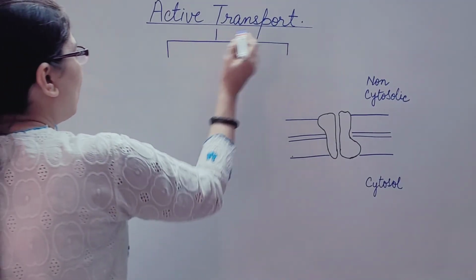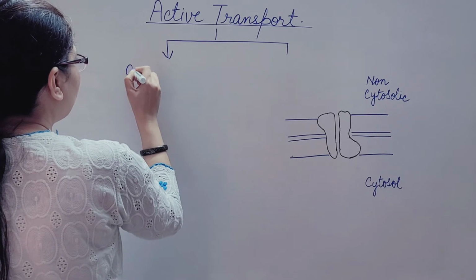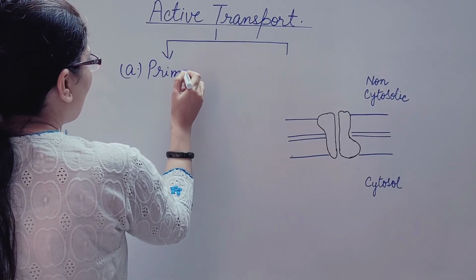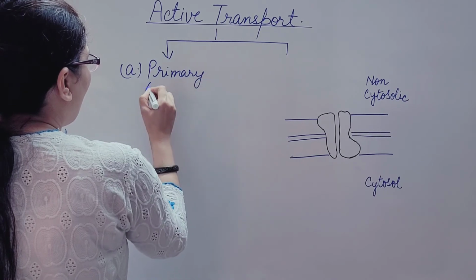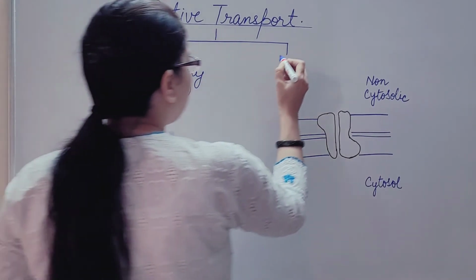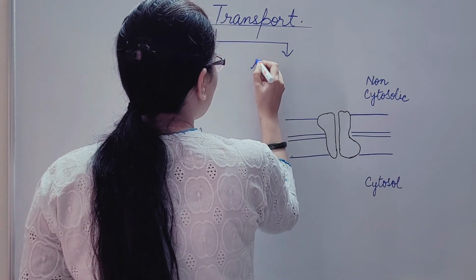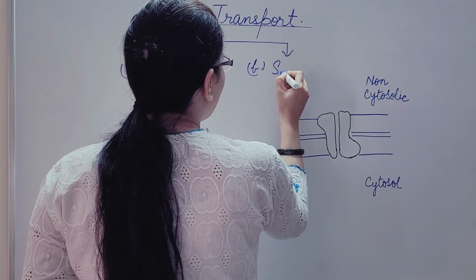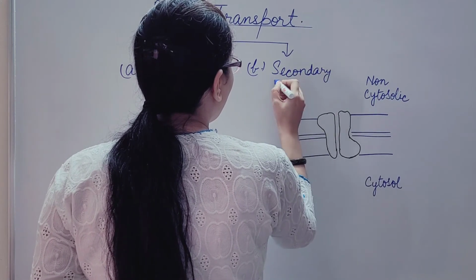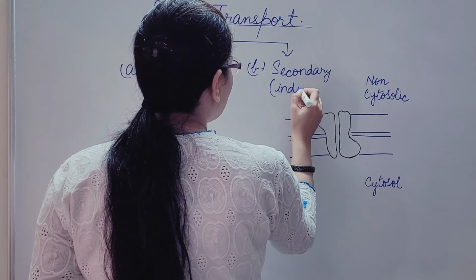There are two types of active transport: primary or direct active transport, and secondary or indirect active transport.